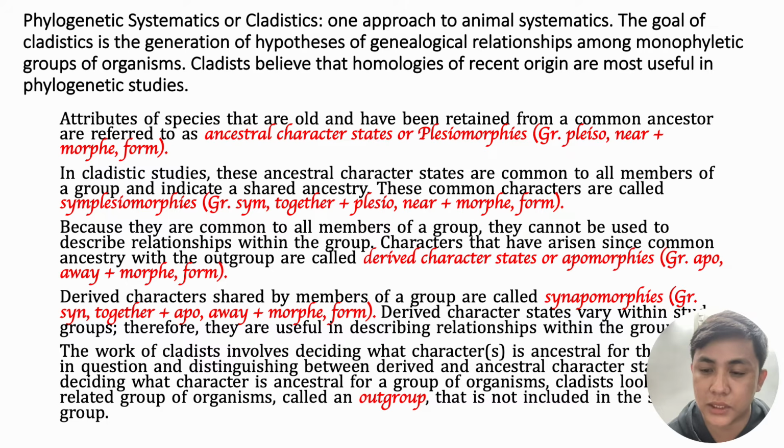When several species share these derived traits, we call them synapomorphies, and they are very useful to determining evolutionary relationships. To identify what's ancestral or derived within the group, scientists will have to compare them with an outgroup, a related organism not included in the main study group.